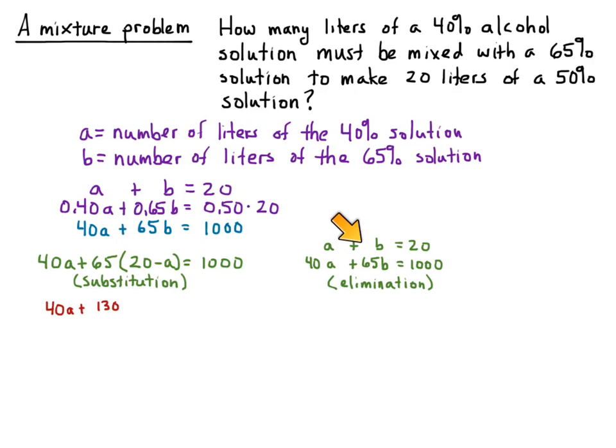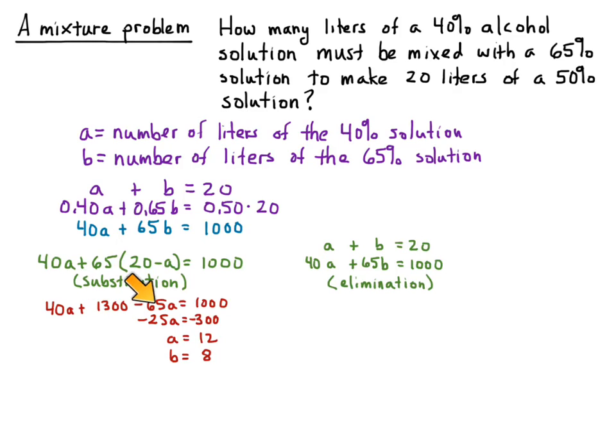Now, with elimination, here I'm retaining these, and I'm going to solve both of these by multiplying probably that first equation by something to eliminate either the A or the B. So if I do the math on the first one, I get A equals 12 and B equals 8, okay, just by solving this substituted equation, right? 40A minus 65A is negative 25A.